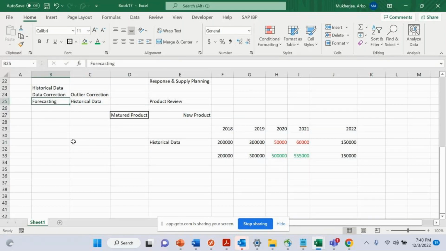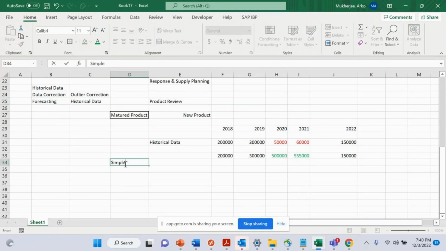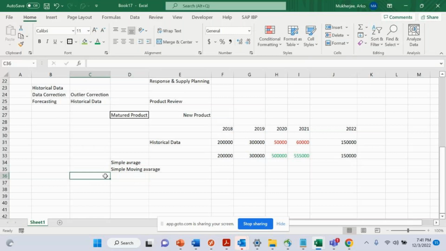Okay. So in the forecasting step, we have many forecast models in IBP. Like in S&OP, we have only 5 forecasts. One is simple average, then simple moving average. Then we have 3 exponentials: single, double, and triple.